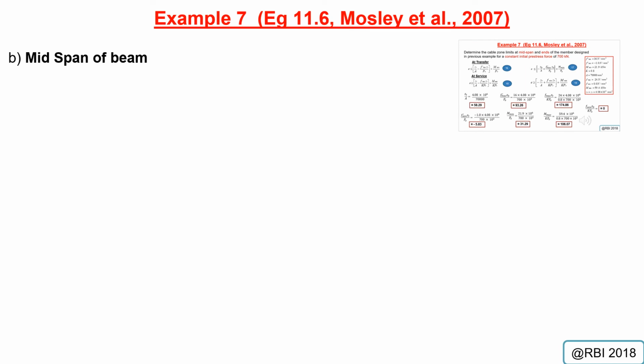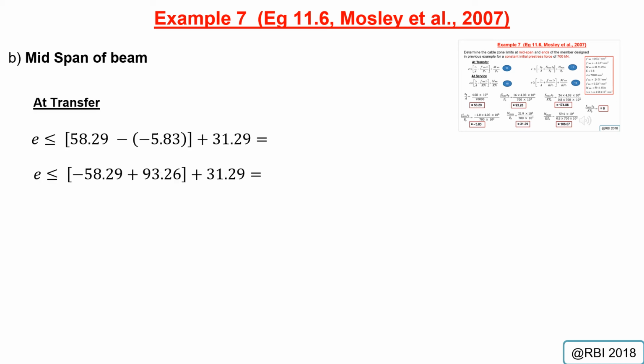Next is the midspan of the beam. At midspan, the moment parameter values are no longer zero because you have moment at the midspan of the beam. So at transfer, for equations 16, 17, 18, and 19, you substitute all the parameters that you have calculated before, and then you will end up with values for your E for each equation.